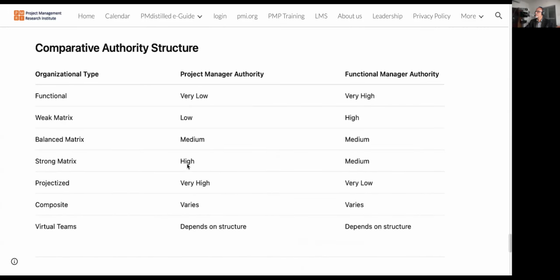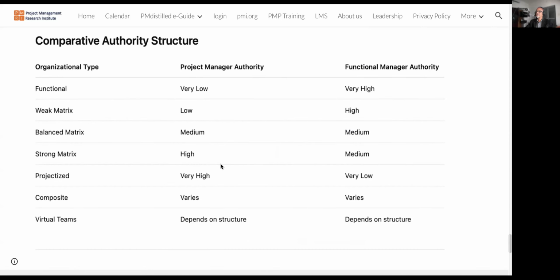So this table will at least summarize things. In a functional organization, the project manager's authority level is very low, and the functional manager's authority level is very high. In a weak matrix, the project manager's authority is low, but better than in a functional organization, whereas the functional manager's authority is high, but slightly lower than in a functional organization.